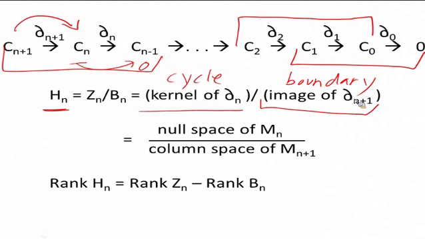Now, there's one detail that I'm not going to get into today, but we will discuss a little bit more. Notice that if I'm going to take cycles mod boundaries, I better have that my boundary is actually a cycle. In other words, if I'm going to take the kernel, the things that get sent to 0, well, everything here had better get sent to 0 as well. So the boundary of a boundary had better be 0. Well, the boundary will always have boundary 0.